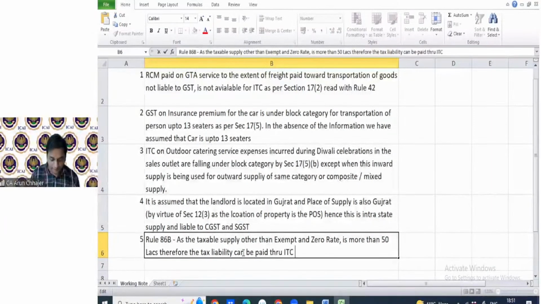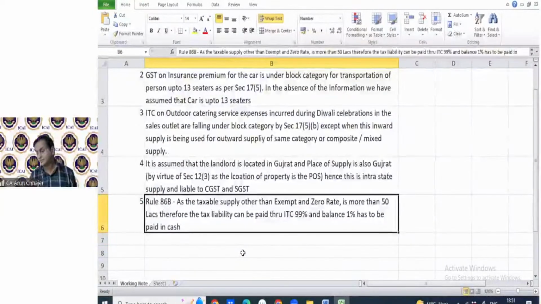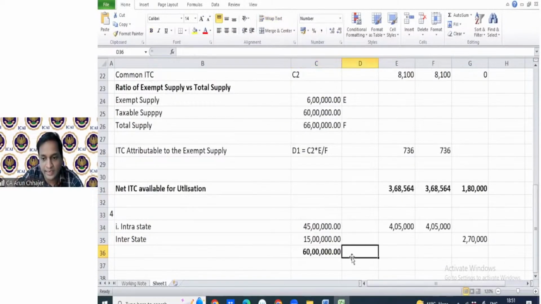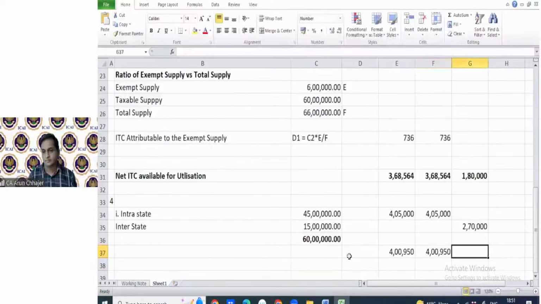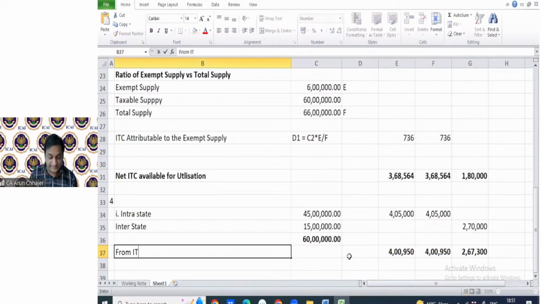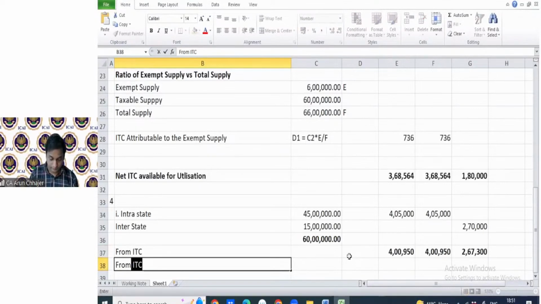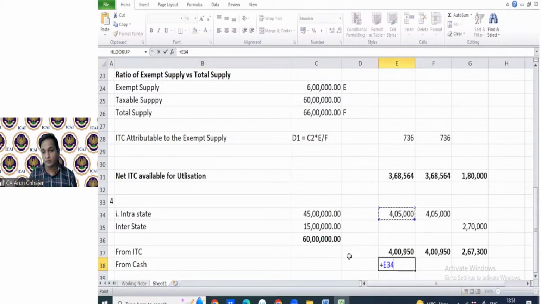So this was my working note, and into 99% you can say, this much of the ITC you can use from the input tax credit ledger, and from cash you have to pay 1%.